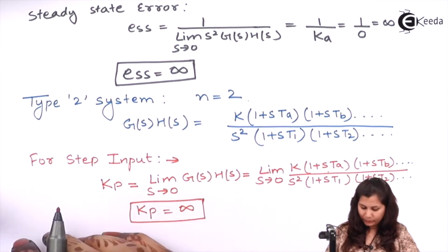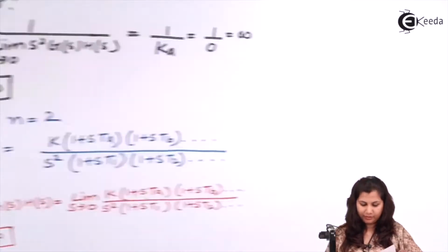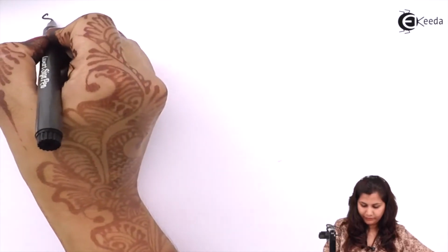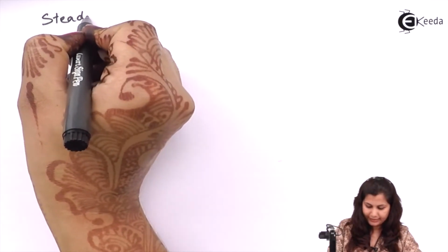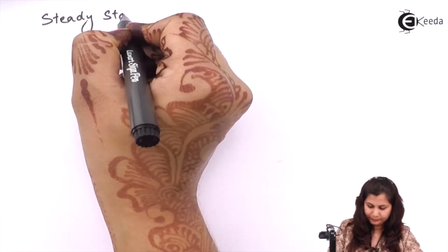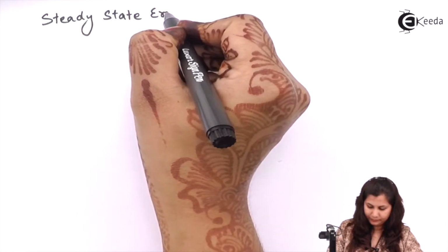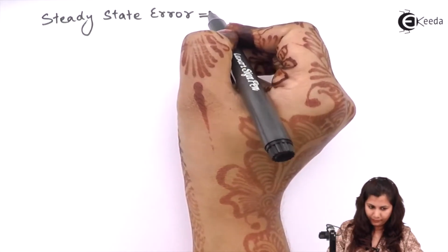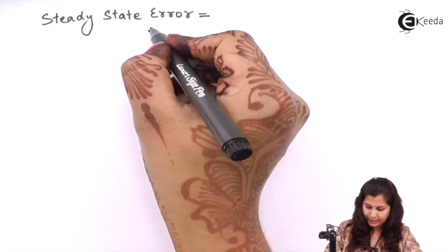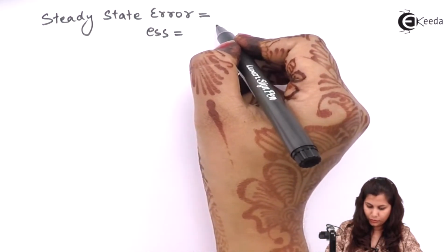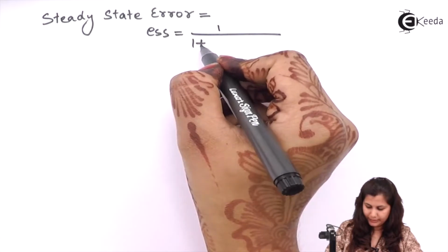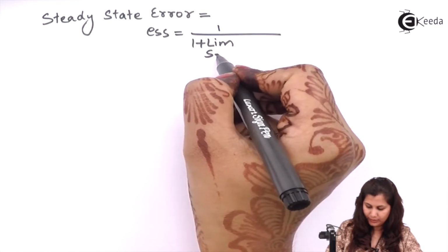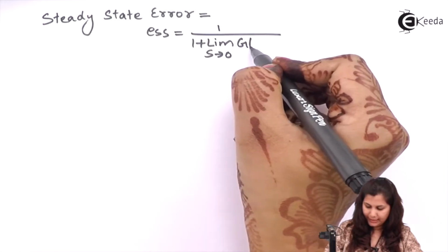Okay, now calculating the steady state error, we have steady state error ESS equals 1 upon 1 plus limit s tends to 0 of G(s)H(s).